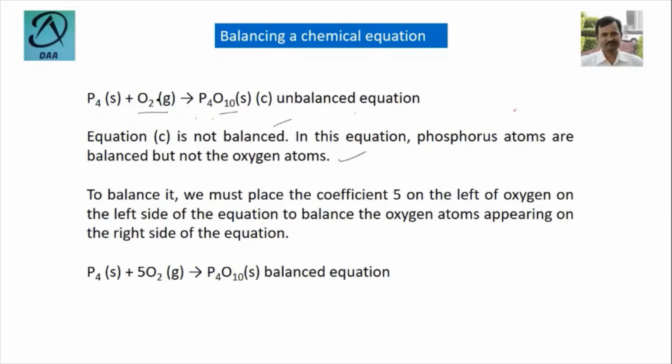So if you put 2 multiplied by 5, then it will be balanced with the O10 on the right side. So you have to put a coefficient before the O2 on the reactant left side, then it will be a balanced equation. This is the example of how to balance an unbalanced equation.